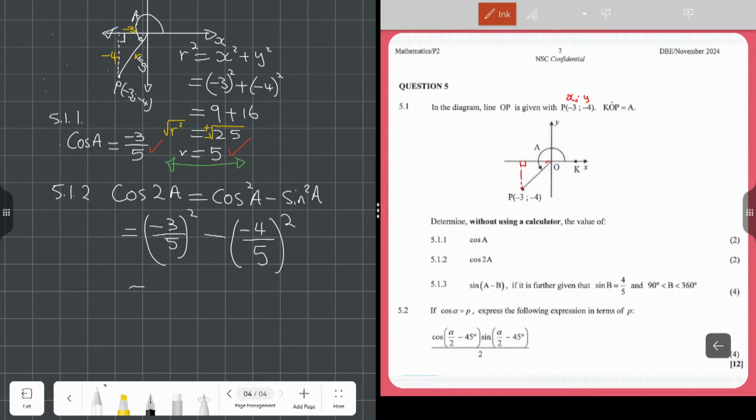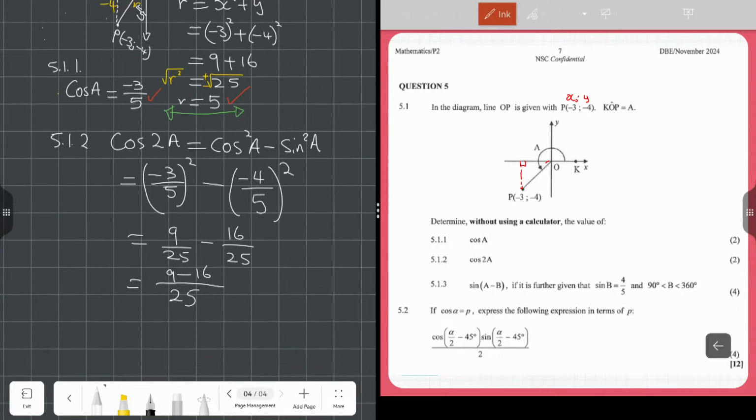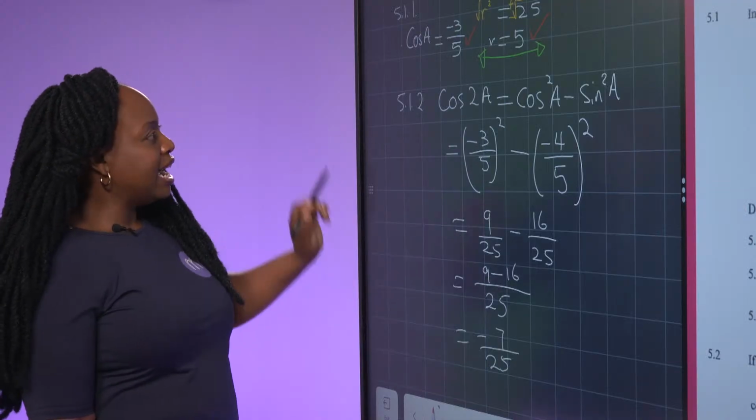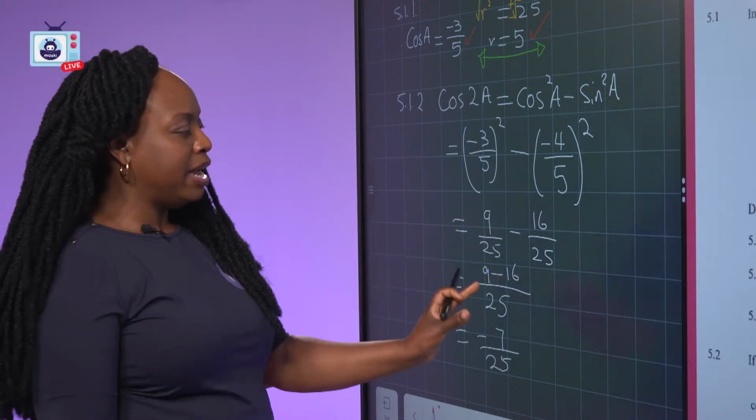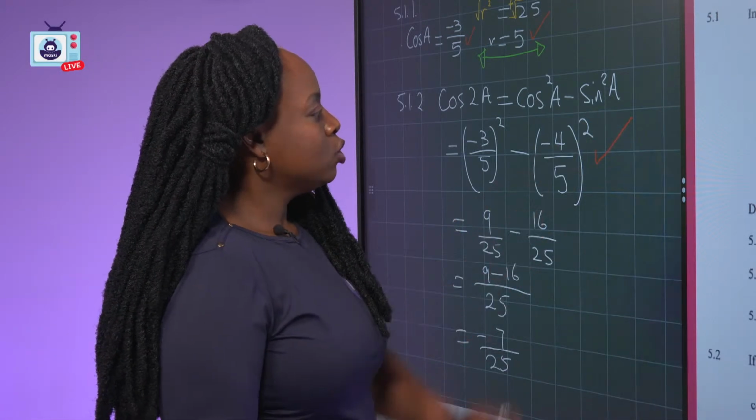If you put that quickly in your calculator, you can get to the answer right away. So that will be 9 divided by 25 minus 16 divided by 25, so 25 will stay. Then we have 9 minus 16, which gives us -7 divided by 25. So if you have used your calculator, you would have come to -7 divided by 25 right away from here. So that's how we mark.